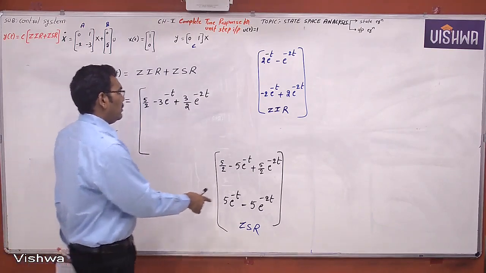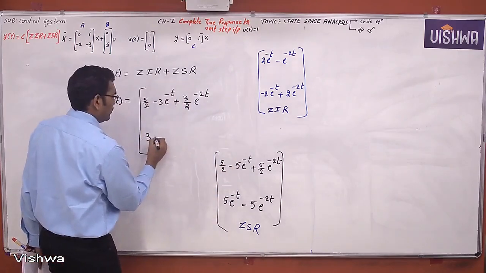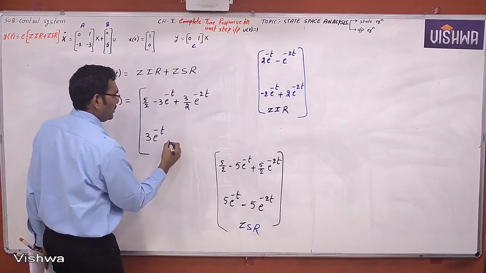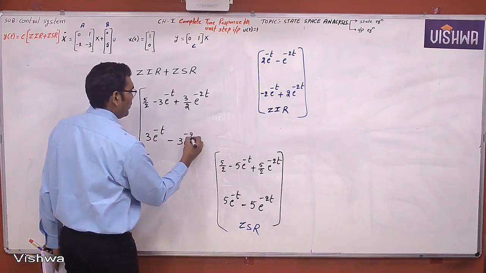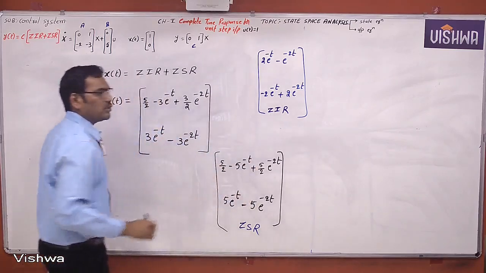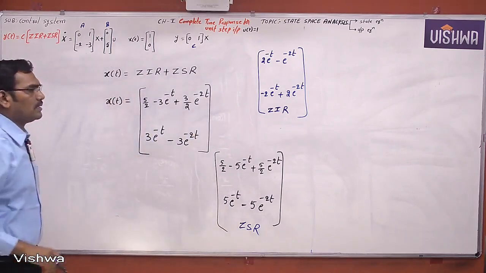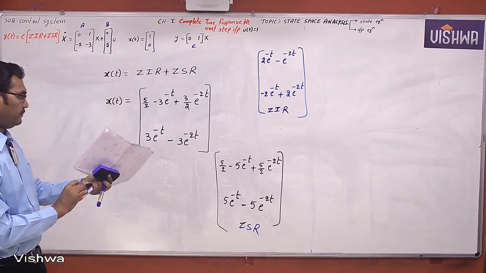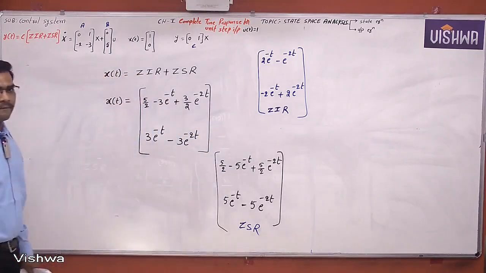Next, 5 into e power minus t minus 2 into e power minus t, which gives 3 into e power minus t, minus 3 into e power minus 2t. Now addition: I just add the zero input response and zero state response, and this is x of t. Note down this.